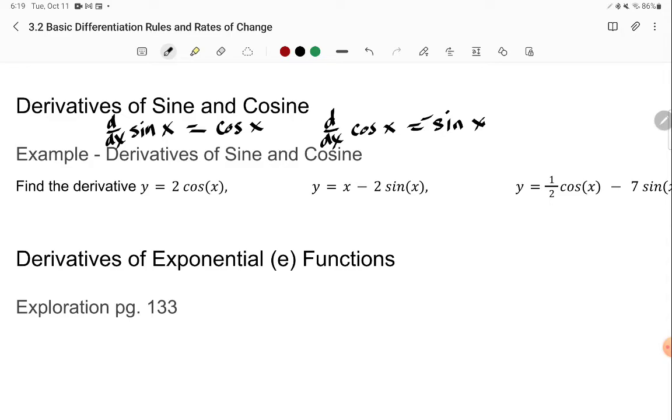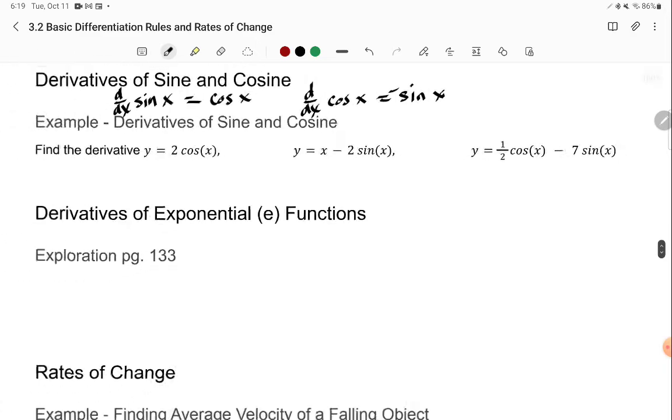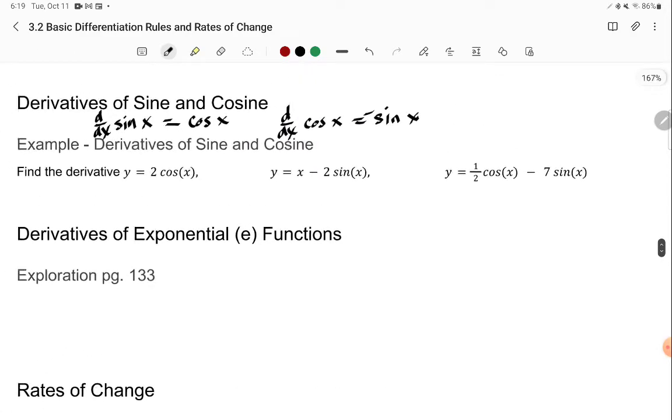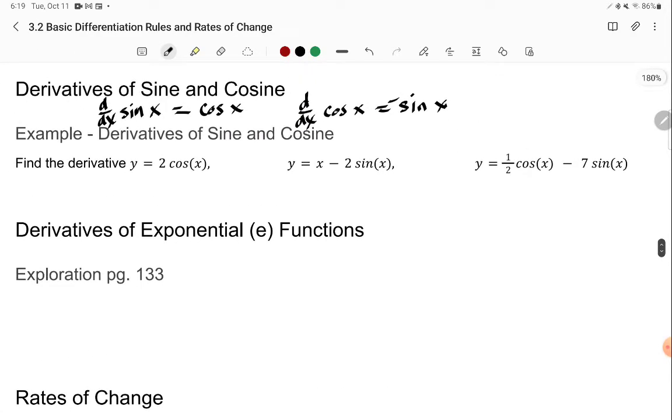So we're going to look at that quite a bit throughout this chapter. But go ahead and try some of these on your own, these next 3 right here. Pause the video and see if you can do some of these using the power rule, the sum and difference rules, everything that we've learned, and try these on your own.